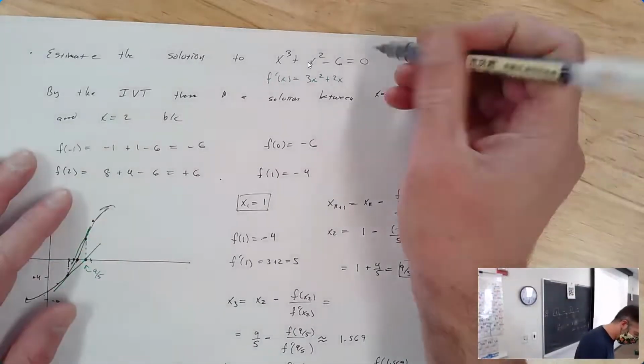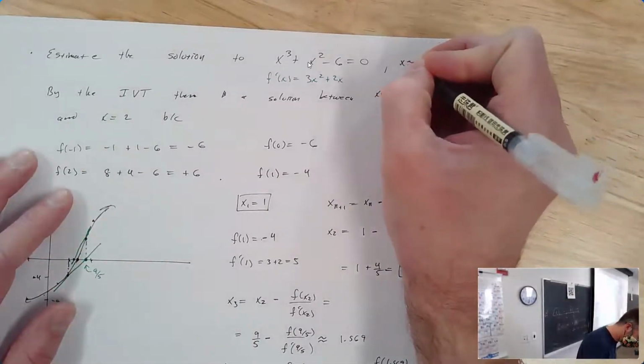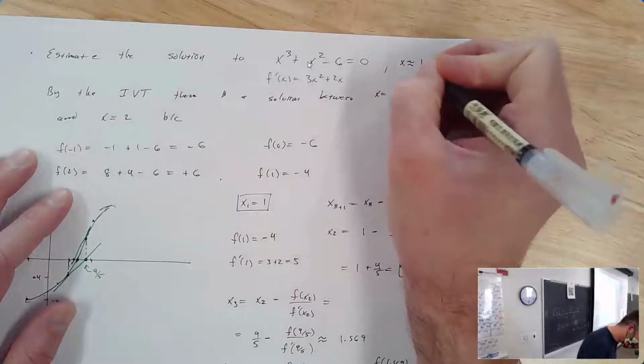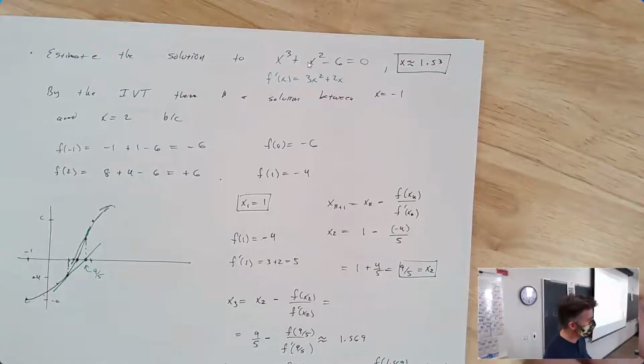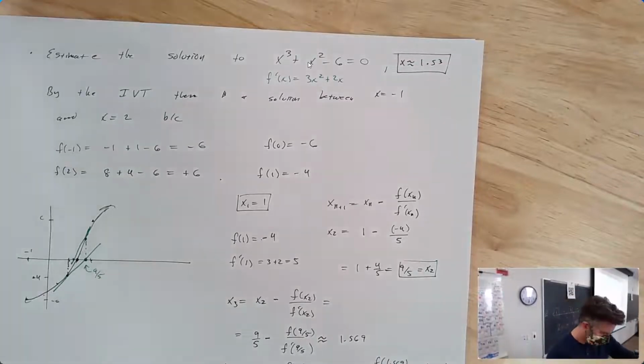So our solution is approximately 1.53. It's kind of interesting. It's kind of a giant pain in the butt, but such is math, right? Sometimes it's kind of a giant pain in the butt.